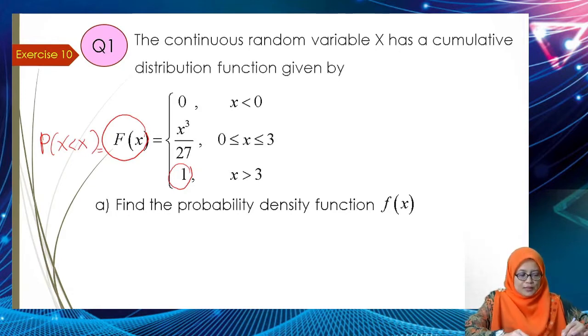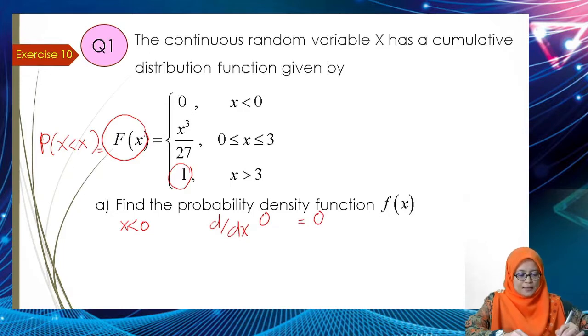Okay, so kita dah tengok tadi, kita akan differentiate each of the functions for each of the intervals. So for interval x less than 0, kita akan differentiate function dia, iaitu 0. So constant kita differentiate, kita dapat 0.